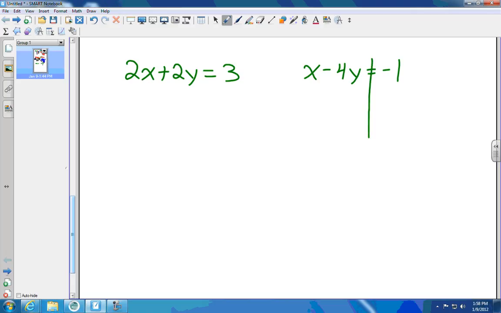Exactly. Get the x by itself. We need to get rid of this 4y, so we're going to add it to the other side. So we're going to have x equals, and we're going to write that. The 4y is positive, the 1 is negative. 4y minus 1.